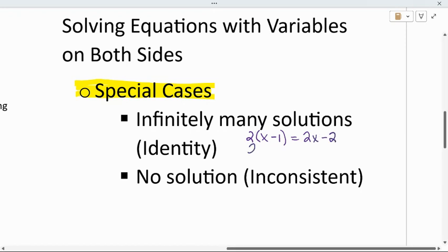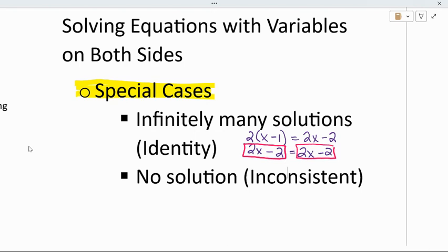When I distribute on the left, I get 2x minus 2 equals 2x minus 2. You guys notice something about both sides of the equation? What do you notice? Yeah, they're identical. That's why this is called the identity.